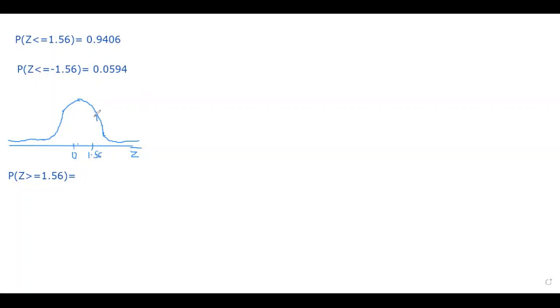And you trace it. So this one, are you going to shade to the left or to the right? This is the boundary. The boundary is 1.56. To the right, good, because it is greater than or equal to.